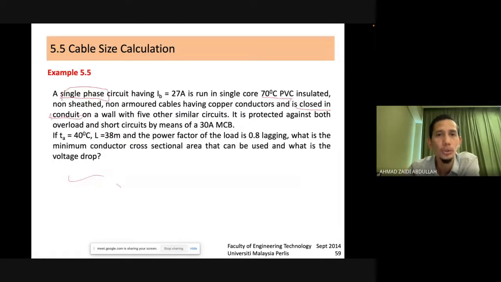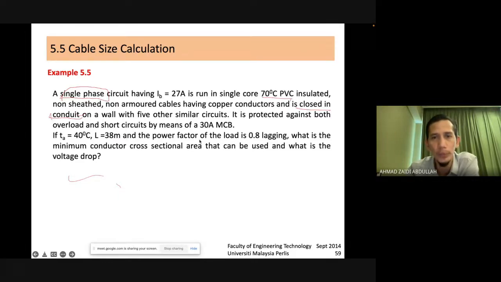Okay, here is an example: a single phase. IB is 27, single core, 70 degree PVC, not sheathed, enclosed in conduit, with 5 other similar circuits. Protected against overload and short circuit by a 30 MCB, already given. Ambient is 40, length 38, and a power factor.